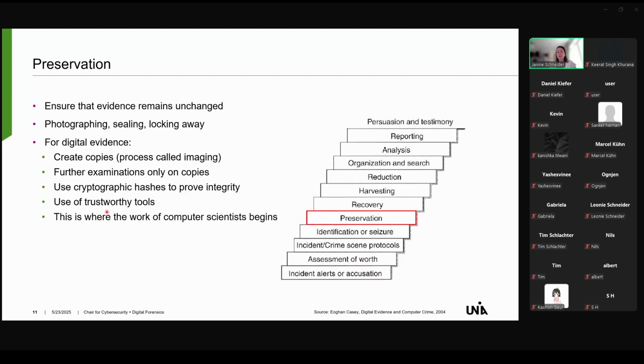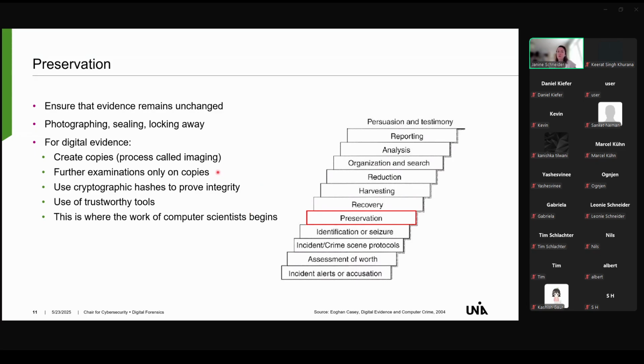And it's super important that you only use trustworthy tools to create the copies, but also to create cryptographic hashes and so on. And as I said, this is where the work of the computer scientists and the forensic experts begins.